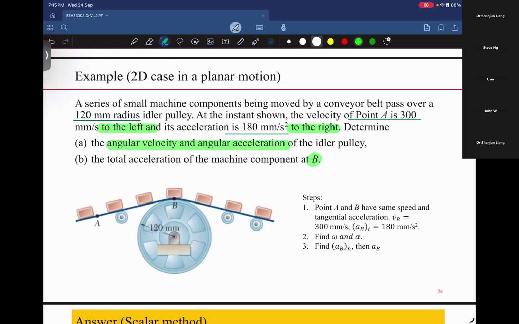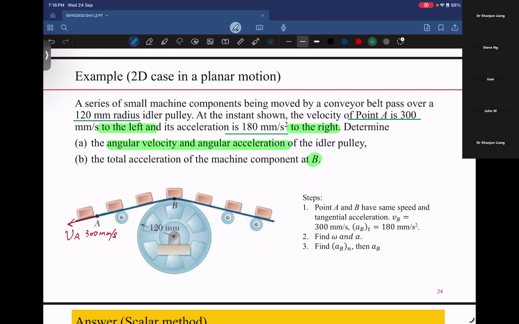So how to deal with it? Firstly, we mark the velocity. VA is 300 millimeter per second along the belt, to the left. So this is VA. And acceleration of A is to the right. We use a black one. Oh, black one is not good.